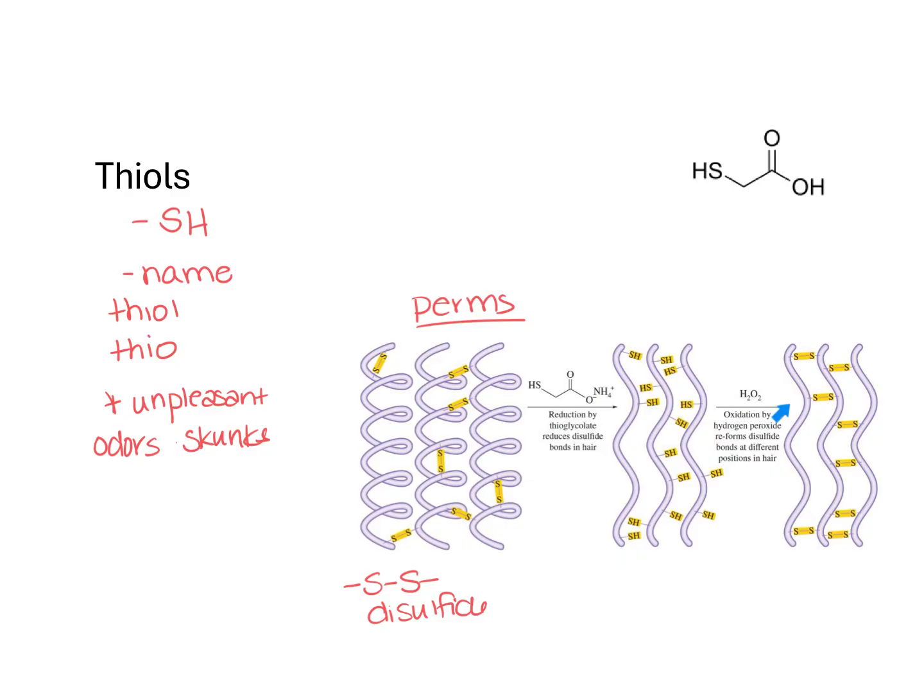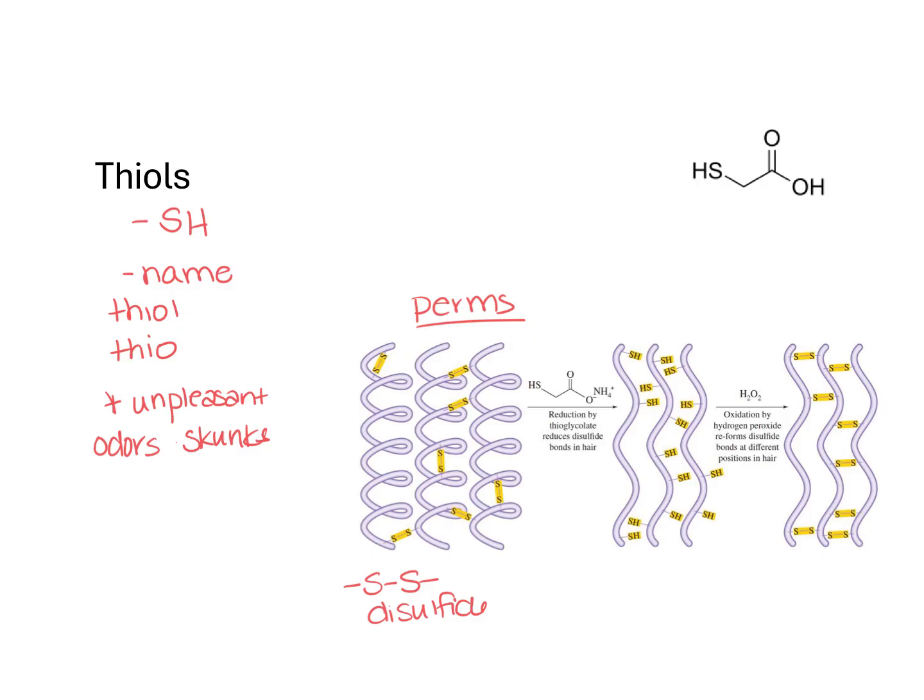So we've got an oxidation reduction reaction here, generally using hydrogen peroxide to reform the bonds in the way that you want, right? And eventually these bonds will break and you'll be back over here, which is why you have to do these so often.